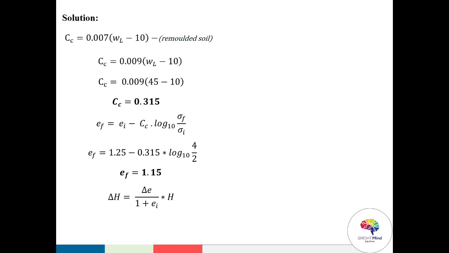So delta e will be 1.25 minus 1.15 upon 1 plus 1.25 into thickness of clay layer, that is 2. Therefore, the settlement of the proposed structure comes out to be 0.088 meters, that is 8.8 centimeter.